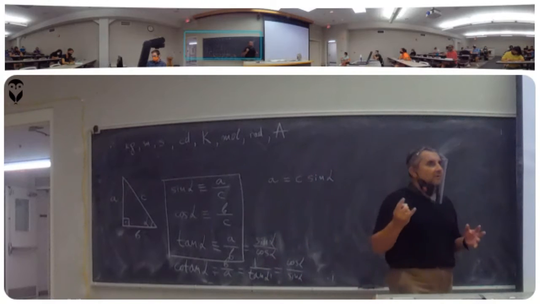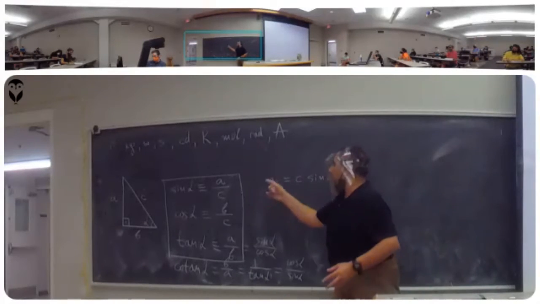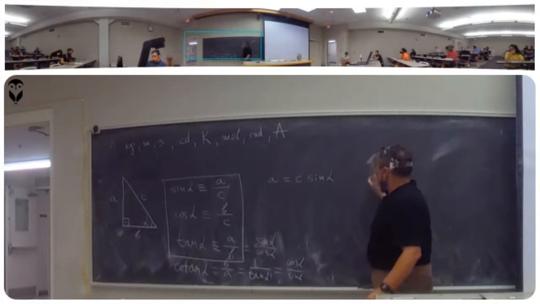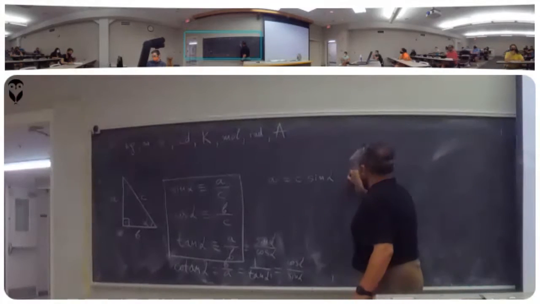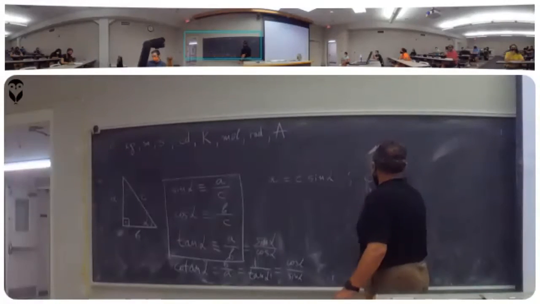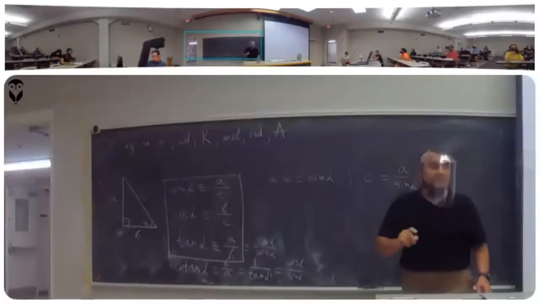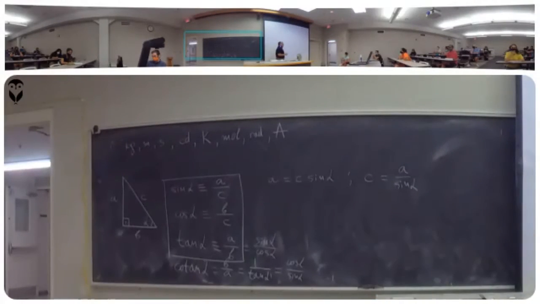Or we can say the length of the hypotenuse is equal to the side A divided by the sine of the angle. So it will be a little bit of a learning curve when we start solving triangles, analyzing forces or displacements, but eventually you're going to get used to it because it is something quite simple.